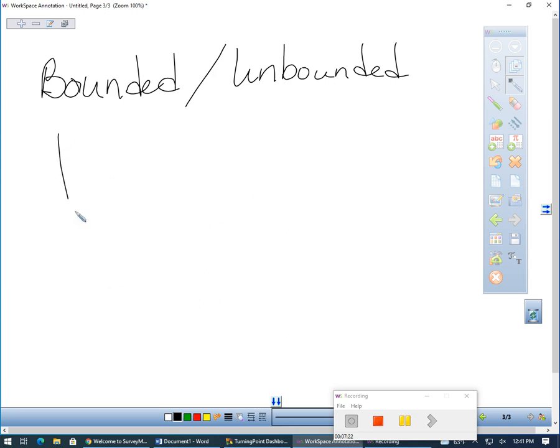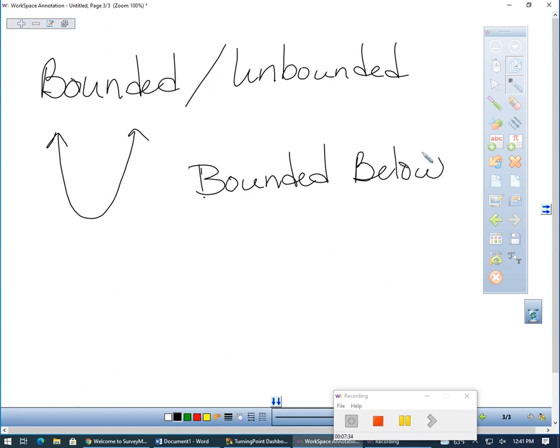If, let's say the picture looks like this, right? It can't go any further down. So we're going to call this bounded because it can't go any further below. Because it only goes down to this point, can't go any further, and it goes back up. So it's bounded on the bottom. If I had a graph that went this way, what do you think we'd say?